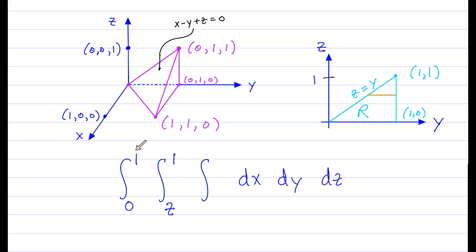That's what these two integrals do for us. Now we need the X integral bounds, and this is where our ray comes in. We imagine a ray, in this case going from the YZ plane parallel to the x-axis through the solid. Let's see if I can draw that. This isn't always easy in a three-dimensional thing, but let's see if I can do it. I'll try to make it parallel to the x-axis. There we go. A little arrow in there.